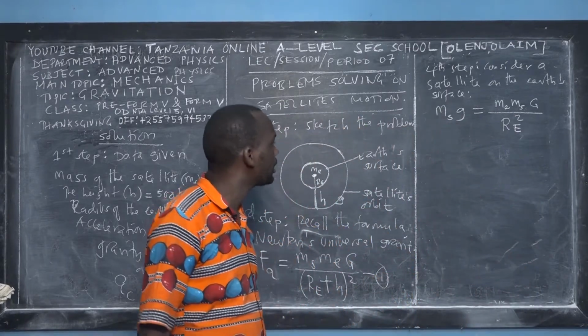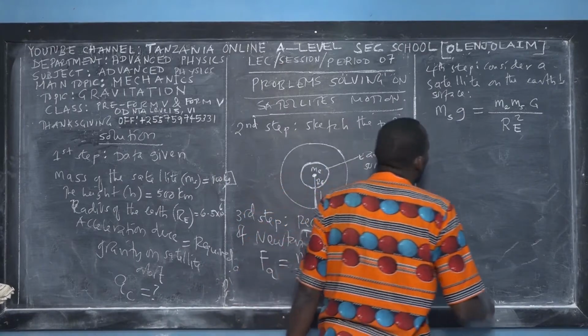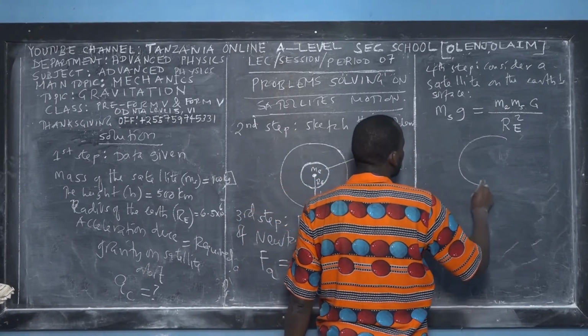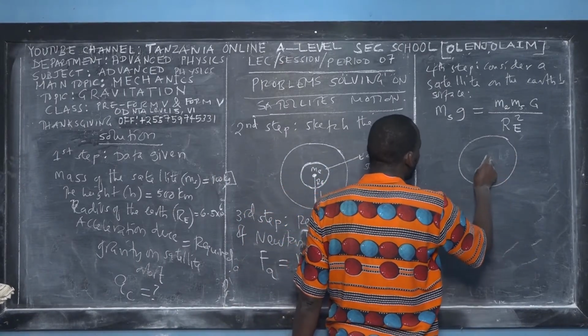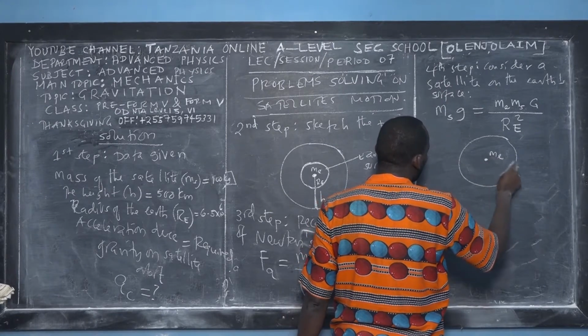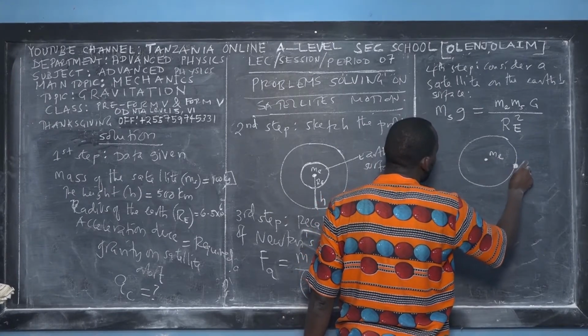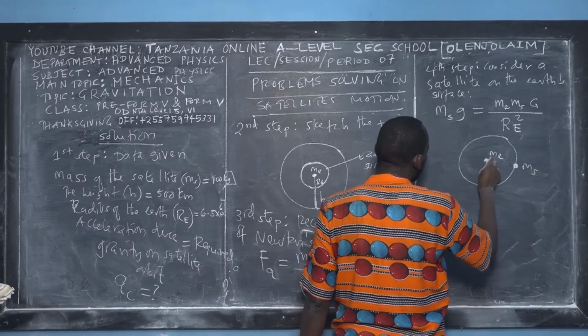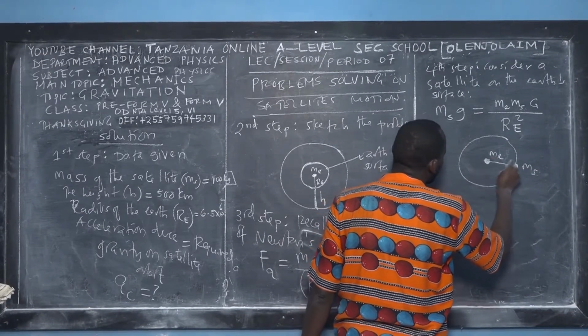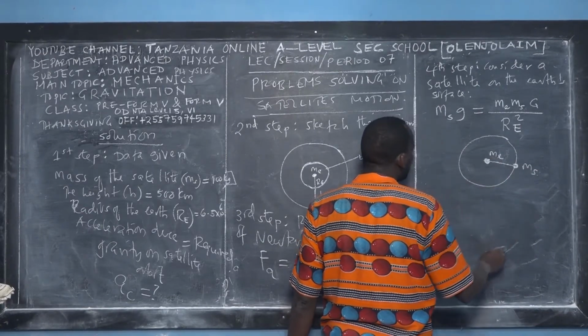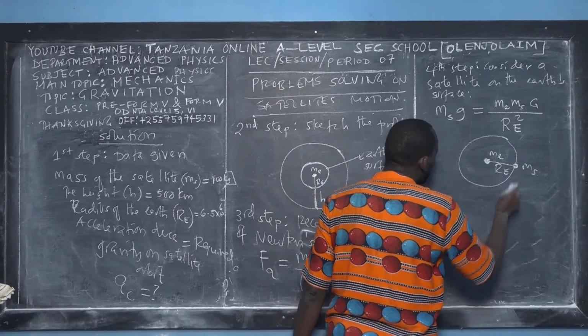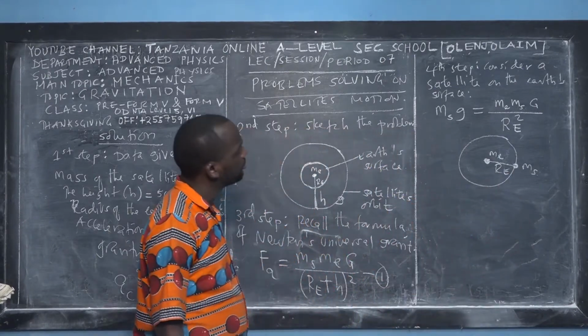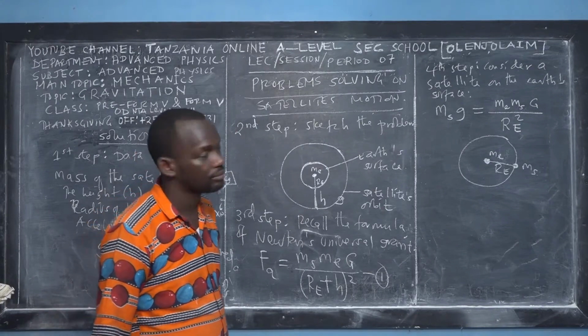So consider the satellite on the Earth's surface. What do we mean? We mean that this is the Earth's surface, for instance. This is the center of the Earth. So we have the mass of the Earth, and then the satellite is here with mass ms. The distance from the center of the Earth to the satellite is what we call R_E. Understand it, because it might give you confusion.